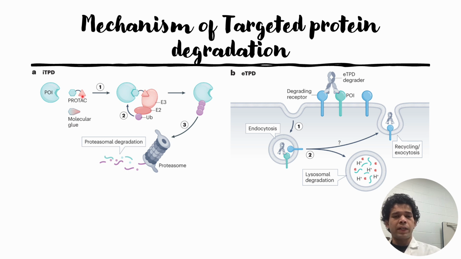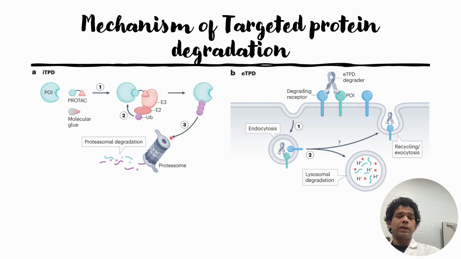In this case, the PROTAC, once it is attached to the protein of interest, can then attract E2 and E3 ligase, so that they can attach ubiquitin to the targeted protein or protein of interest, and this process repeats several times, resulting in a polymerized ubiquitin attached to the protein of interest. This polymerized ubiquitin then acts as a sensor towards the proteasome.